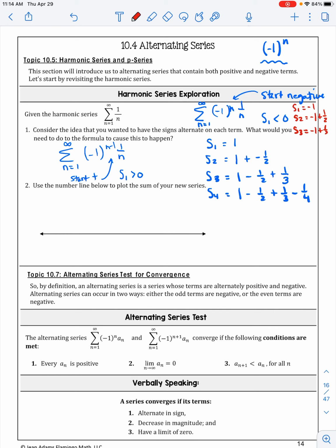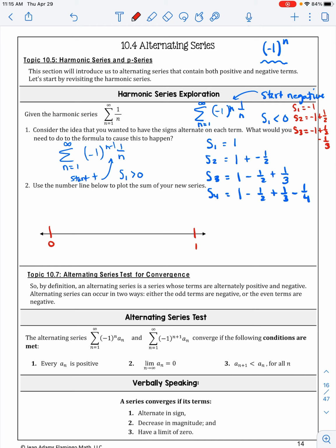Your second partial sum would have been -1 plus 1/2. Your third partial sum would have been -1 plus 1/2 minus 1/3. So you can see what I mean by having your first partial sum be less than 0, starting negative, or greater than 0, meaning it's starting positive.